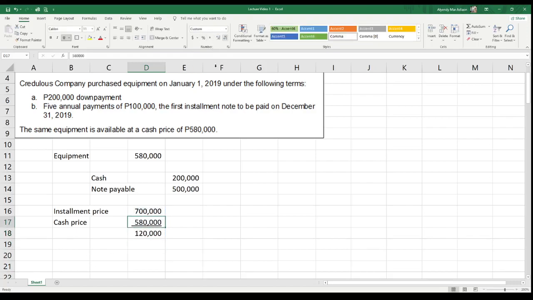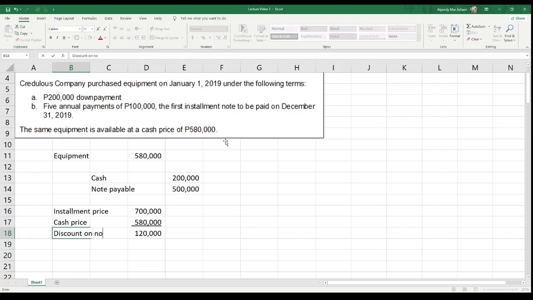Now, this 120,000 is the interest that is to be amortized over the credit term. Since dili pa man ni siya pwede nato i-record as interest, since wala pa man human ang tibuok term, meaning kay installment man ni siya, so pina-installment pod atong pag-recognize sa interest expense. Now, initially, or at this moment, atong tawagon siya nga discount on note payable.